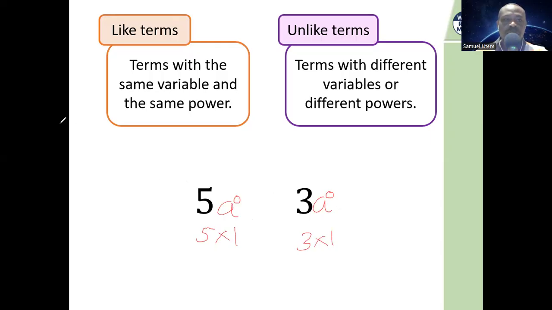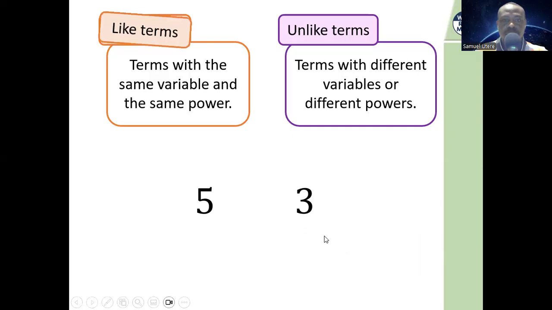Just have it at the back of your mind. We won't use it now, but we'll use it sometime in the future, maybe year 8. But you should know that constants are like terms. So any number without a letter next to it is a constant.